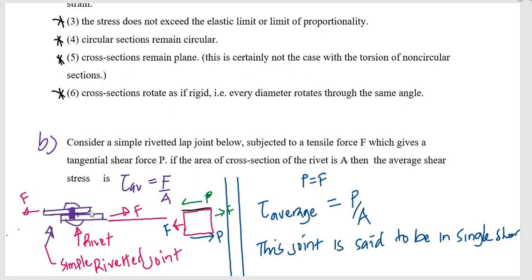So when you look at it carefully, you'll find that there is this force F resulting into a shear along this single area A. So that's why the average shear stress is equal to P out of A, and this joint is said to be in a single shear.